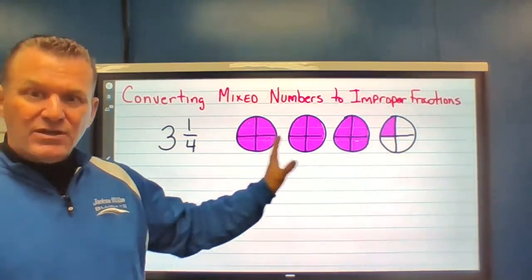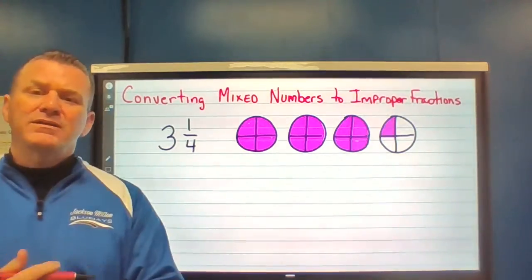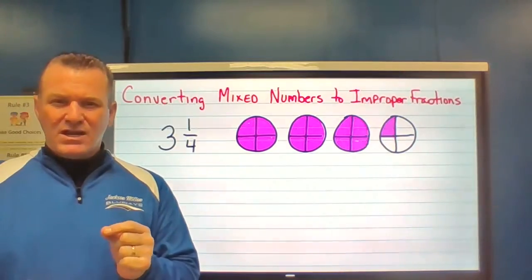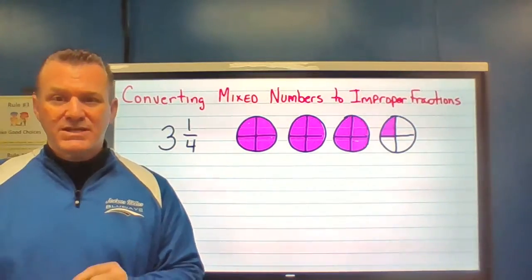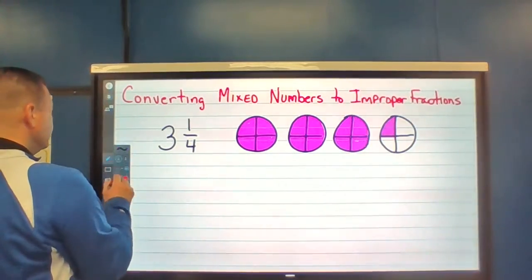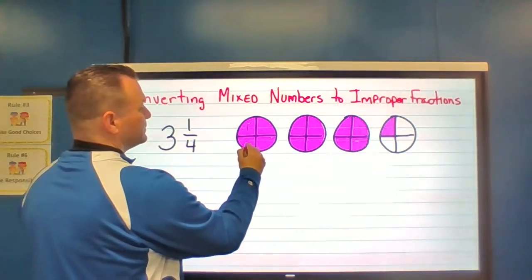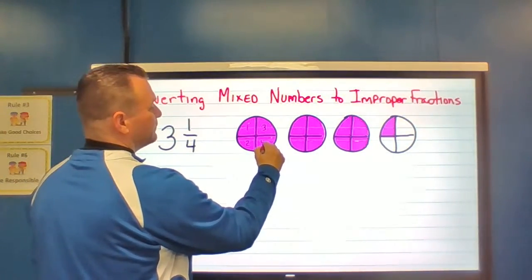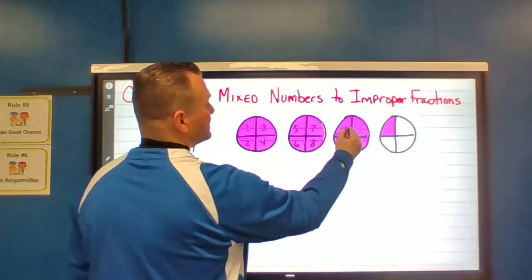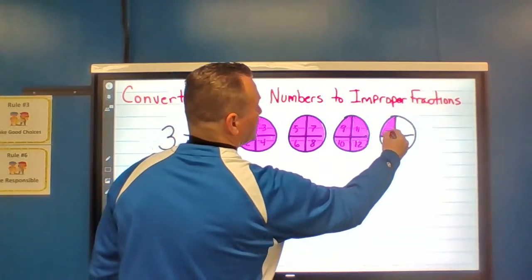Remember that denominator though tells us how many there are. When I convert, say I want my mixed number to be an improper fraction, what I focus on are how many individual pieces I have within that number. Well, if I do that, I'm looking at it like this. 1, 2, 3, 4, 5, 6, 7, 8, 9, 10, 11, 12.